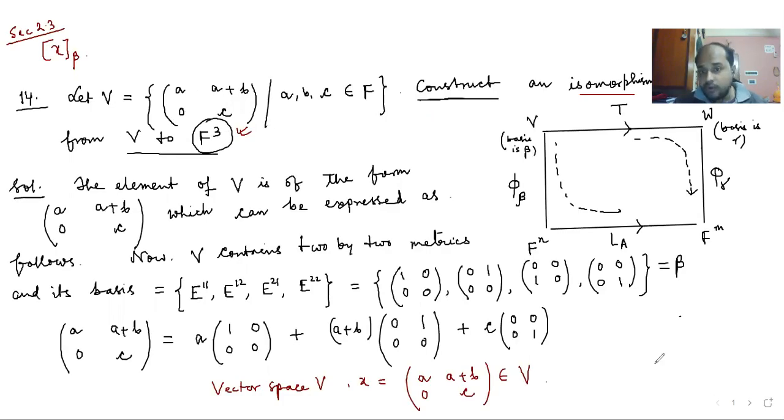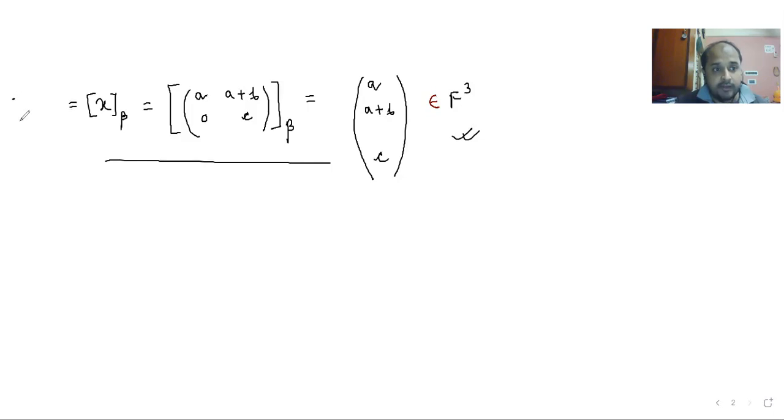And not only this, you know from the definition which I wrote in my previous session that [x]_beta is actually phi_beta of the vector x. So we have constructed a mapping phi_beta from the vector space V, which is given in the question, to F3. This is the mapping.